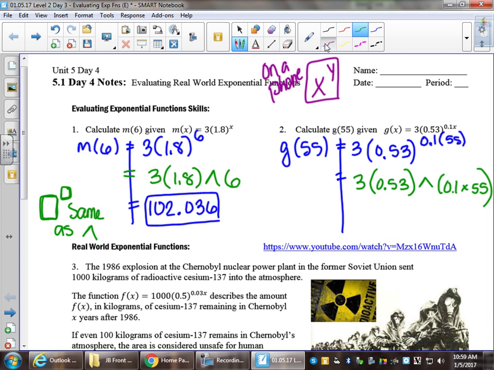People on the phones, depending on your phone, you might have to back this up a little bit and actually do this first. So if you're using a phone that doesn't let you see everything you type in, can you please do 0.1 times 55? Who's got 0.1 times 55? So this becomes 3 times 0.53 to the 5.5?